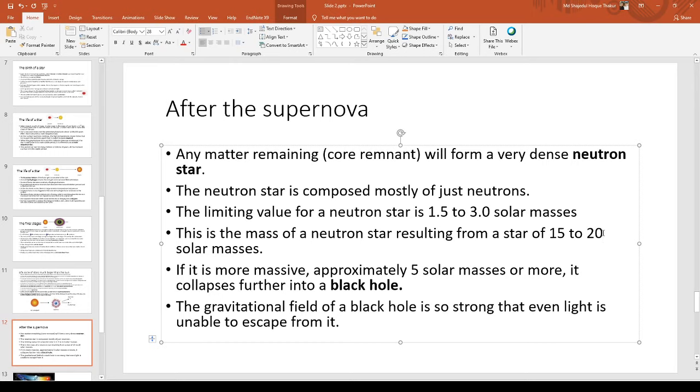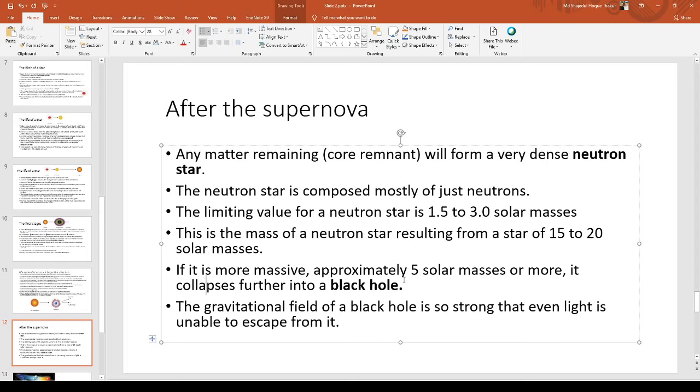Or 30 solar mass? If that is the case, then the neutron star that will be formed from that huge 30 or 40 solar mass star will have a mass which is greater than 3 solar mass.